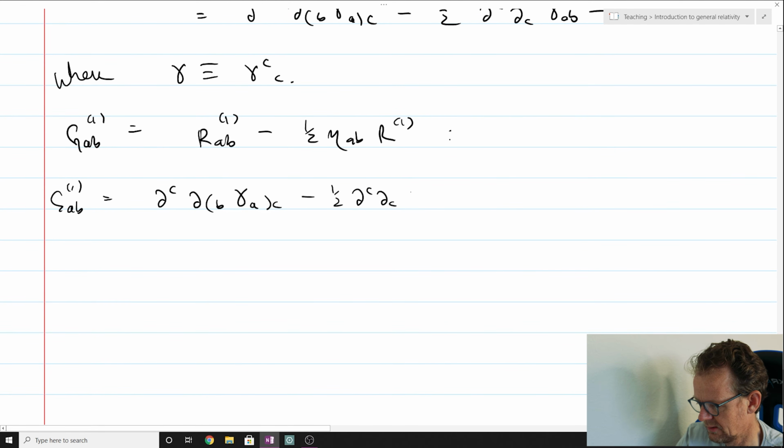And we obtain the following lengthy expression for the Einstein tensor. Things will simplify later, but at this point, this is what the Einstein tensor looks like.